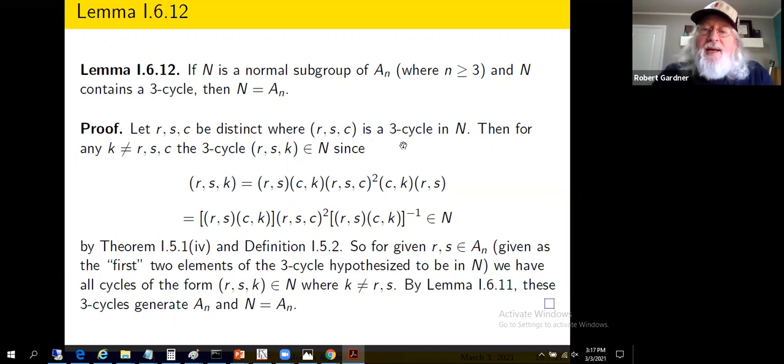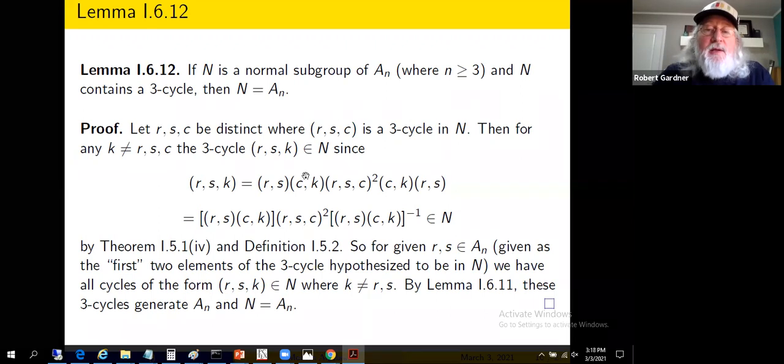So given this R, S, and C, we have all cycles of the form R, S, K in n, as we just showed, given the R and the S, where the K has to be chosen to be distinct from the R and S. Well, if you've got all R, S, K for a given R and a given S, where K can range over all the other possible values of the symbols, lemma 1.6.11 tells you these 3-cycles generate A sub n. We've shown that n contains all cycles of this form.